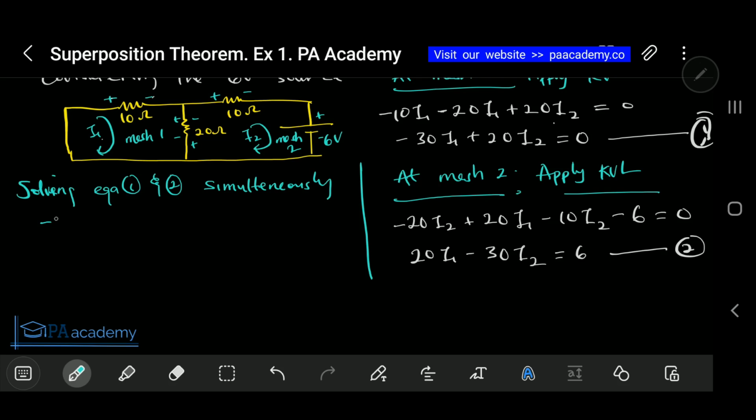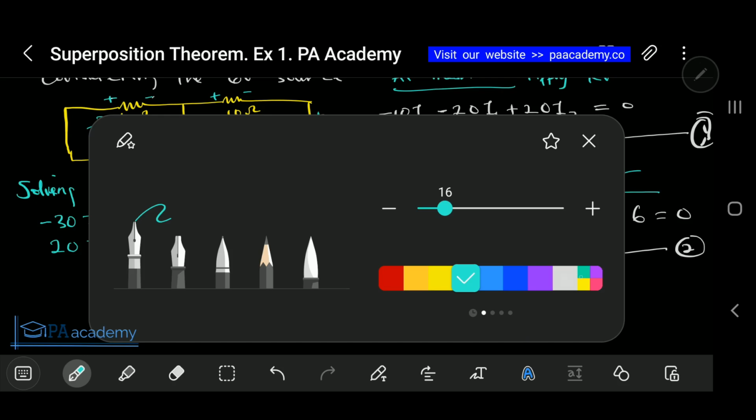So that's minus 30 I1 plus 20 I2 equals to 0, and 20 I1 minus 30 I2 equals to 6. Make sure you show your calculation in solving the simultaneous equations. I'm going to be doing it here.